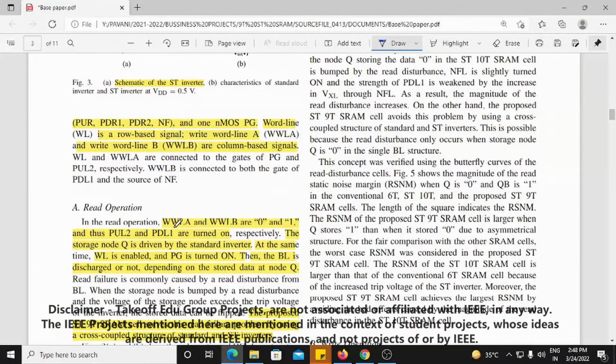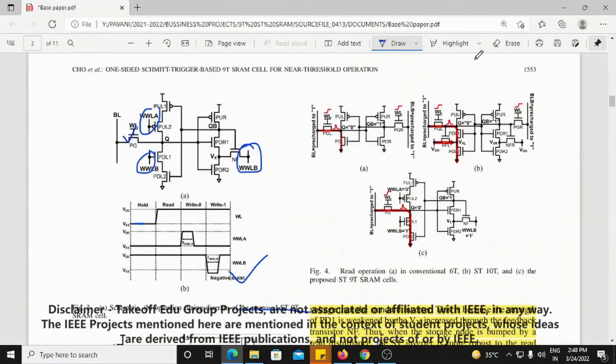Now, in the read operation, we show that WWLA and WWLB are 0 and 1. Now I am placing the signals: WWLA as 0 and WWLB as 1.